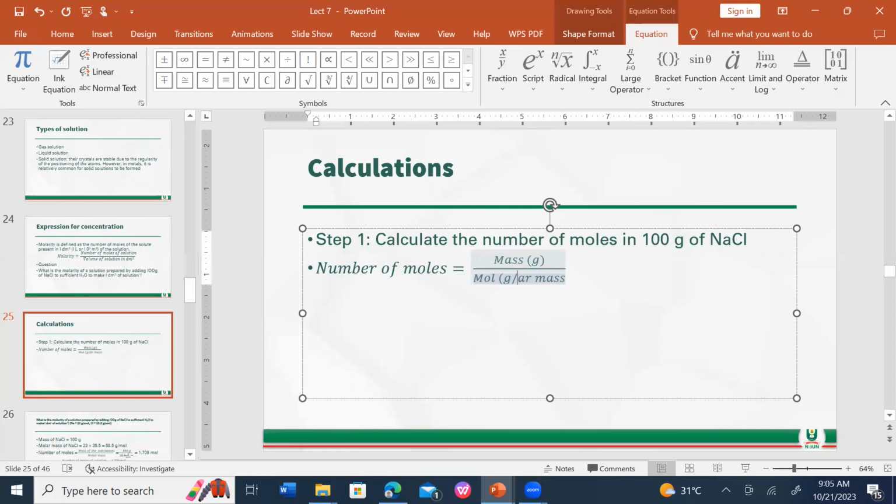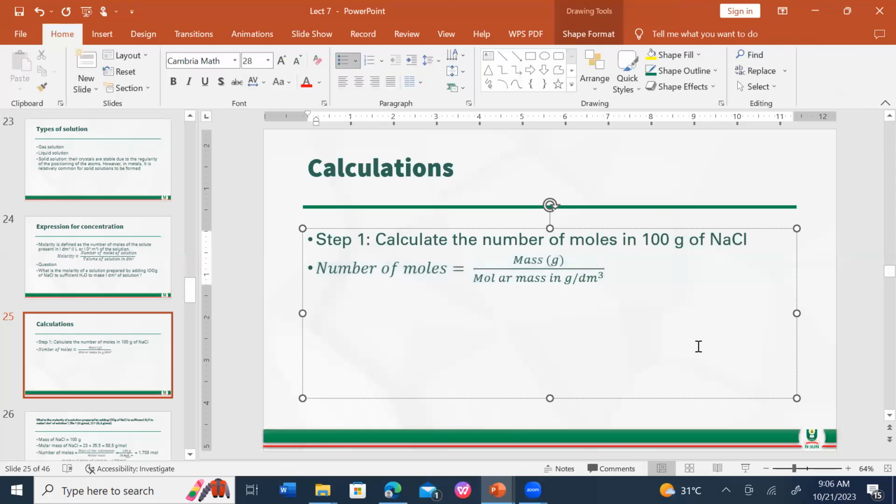The unit of molar mass is actually gram per dm cube.